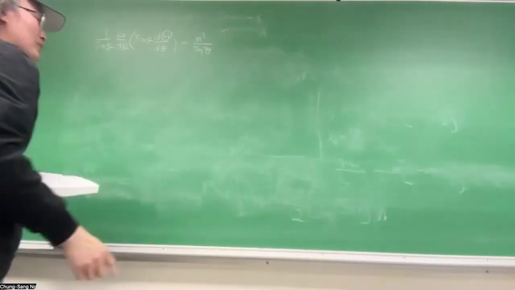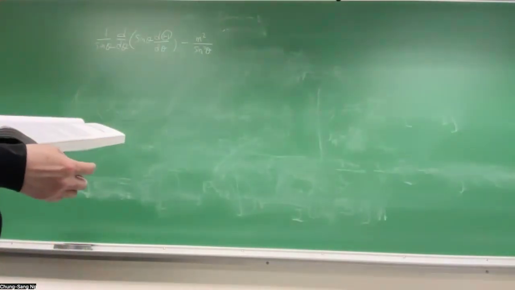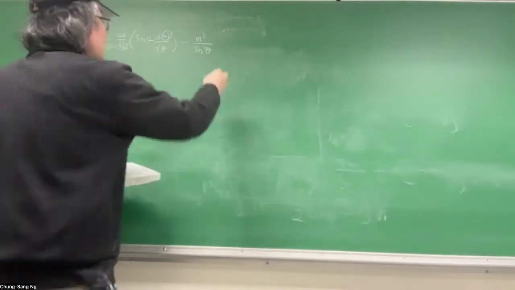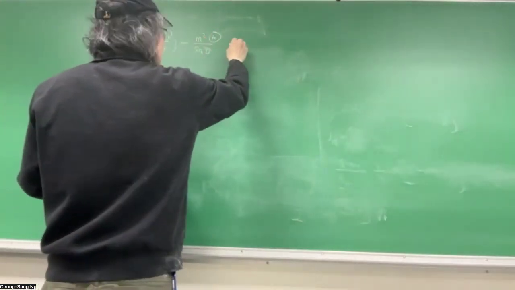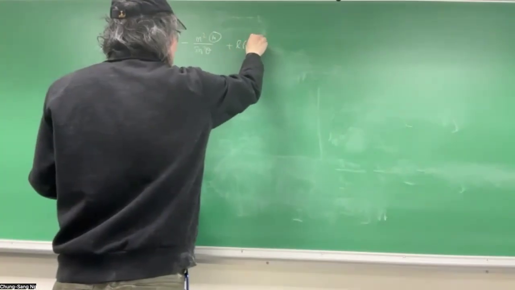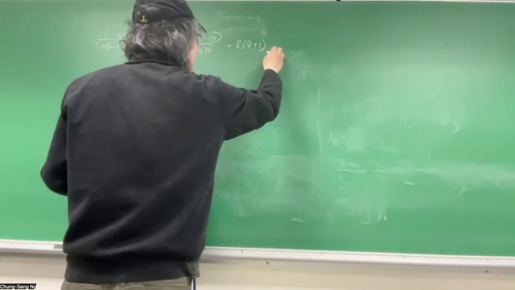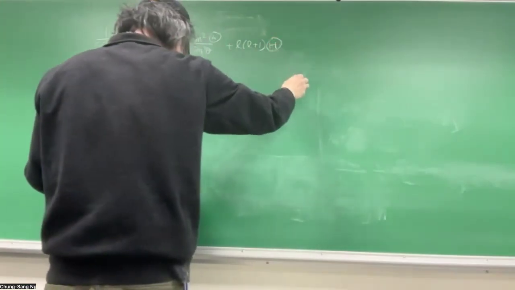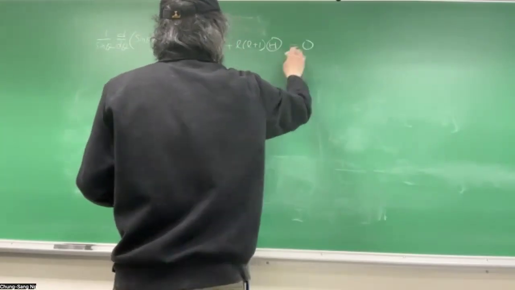This m comes from the azimuthal part of the solution, just like the usual e to the i m phi, so m squared multiplied by theta. Then L times L plus 1 times theta equals zero.